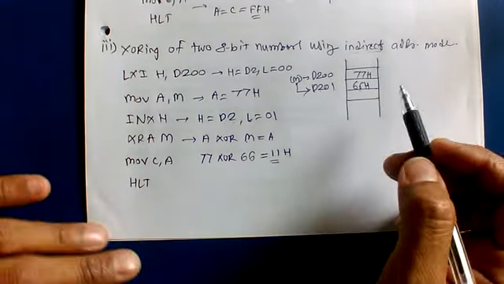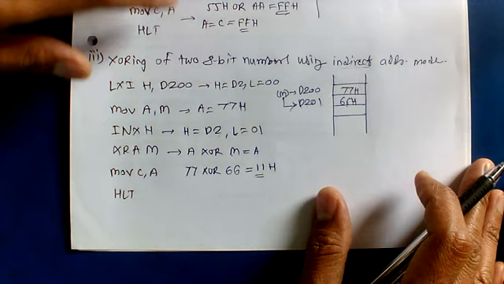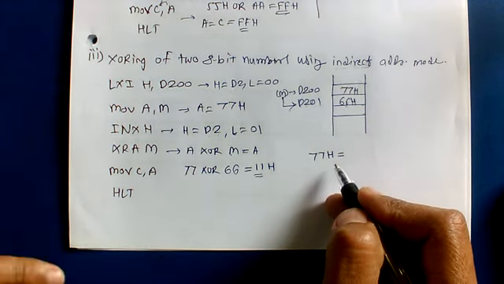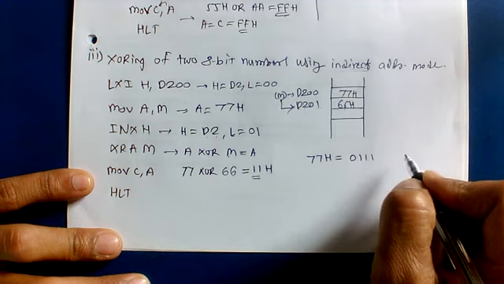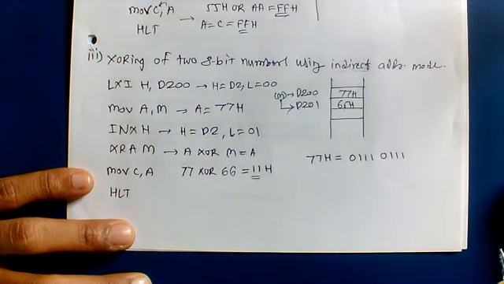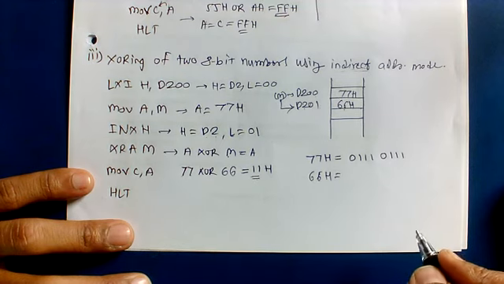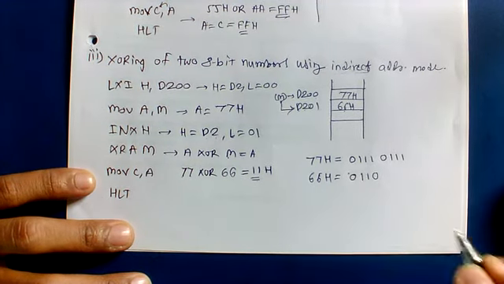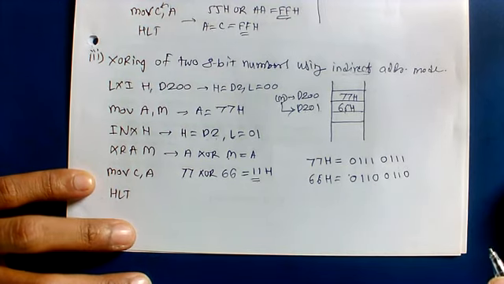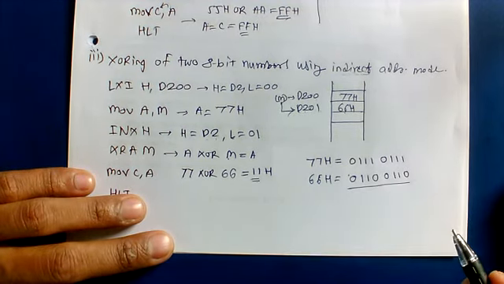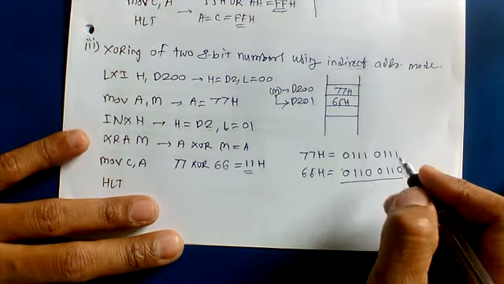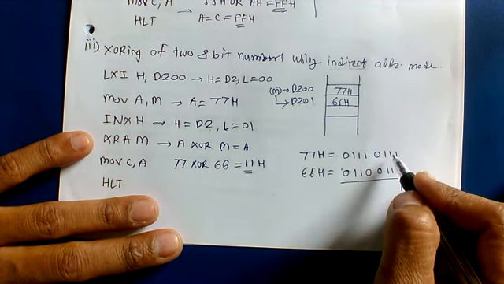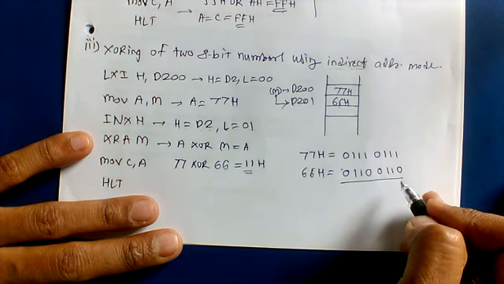We will cross check this result, 11H. 77H, 77 in hexadecimal, we will write in binary: 0111, 0111 means 77. 66H: 6 in binary is 0110, and 6 again 0110, means 66. And the XORing operation: in case of XORing, if the bits differ, you will get output logic 1, and in case of 1 1 and 0 0, you will get output 0.